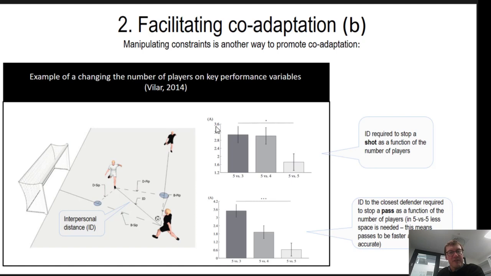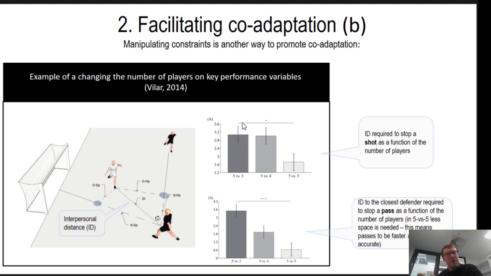So what they show is that for successful shots, so in order to be able to successfully score a goal in futsal, successful goals in futsal in 5 versus 3 formats, on average had an interpersonal distance between the shooter and the closest player of the overall team of 3.2 meters.